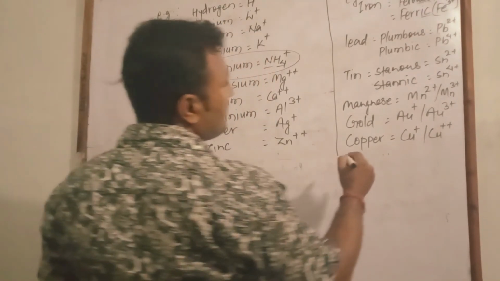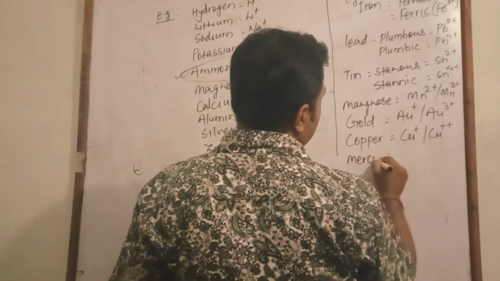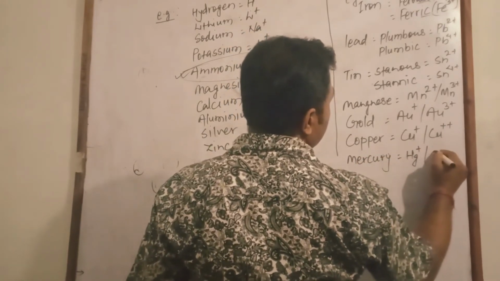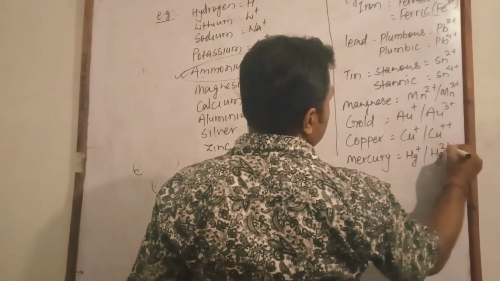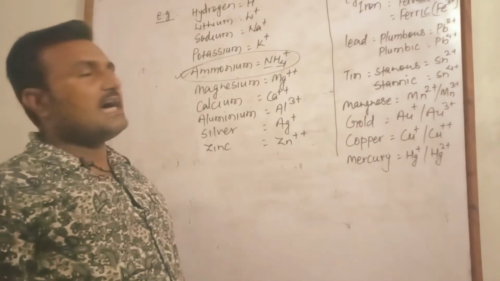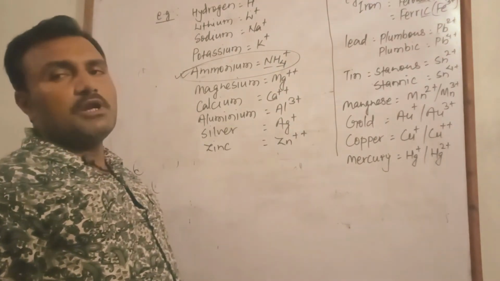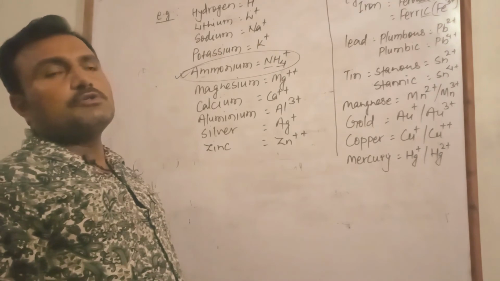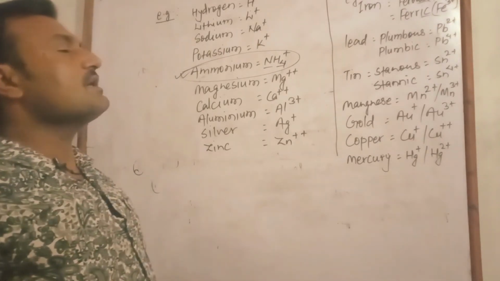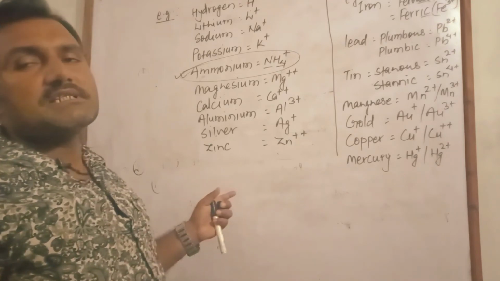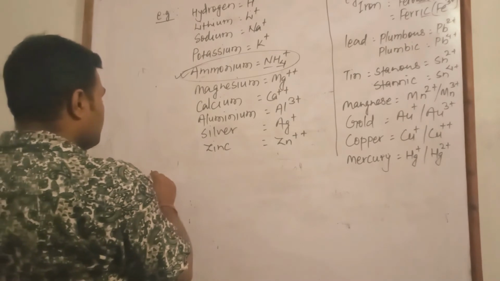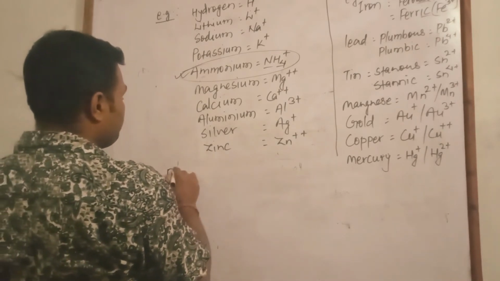Similarly, we can write mercury: mercurous, Hg plus, mercuric, Hg2 plus, and several more electropositive radicals are found, and we will learn them. It is most useful to know them to write the molecular formula of a compound. Then we discuss electronegative radicals.